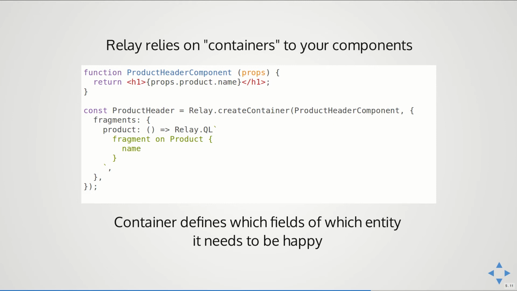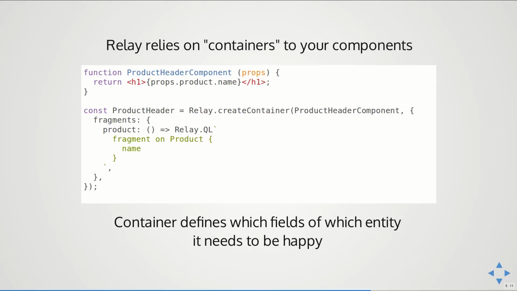It will need a fragment on product, and from product it will need name. The advantage of this is that we put the data definition of what a component needs very close to the component itself. In the previous example in Redux, we would have to maintain the state, make sure that all the necessary fields are in state, and then make sure that the component really gets everything that it wanted.